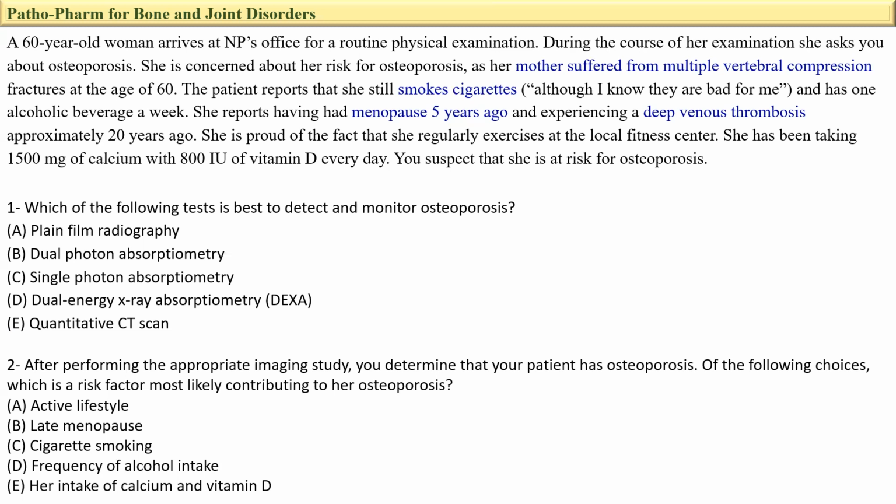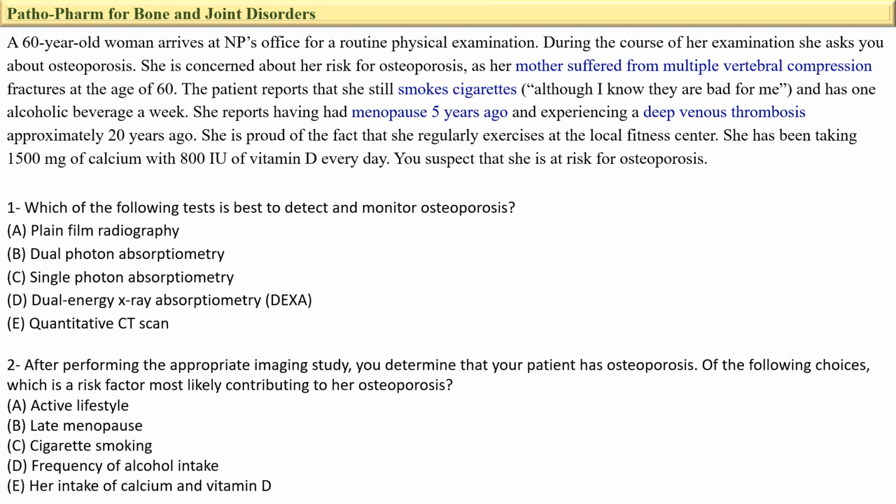Plain film is standard radiology, like an X-ray. It's inadequate for accurate bone mass assessment. Single photon absorptiometry is used to scan bone in a superficial location with little adjacent soft tissue.